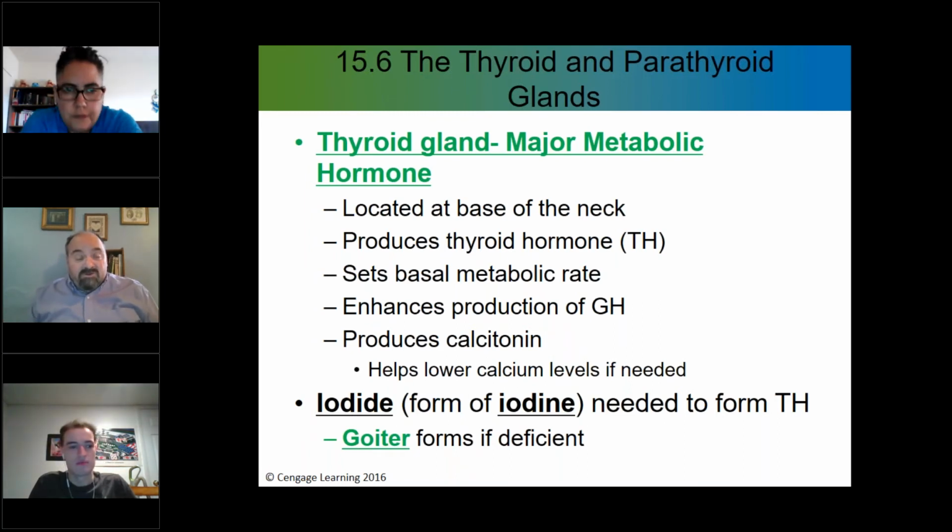You can have high blood pressure, you can be sweating, and many other issues can go on with an accelerated basal metabolic rate. Or the basal metabolic rate can be low, right? The opposite can occur, where functions are going to be slow and weight gain can occur. It can lead to obesity, and you can be fatigued as a result of a low metabolic rate.